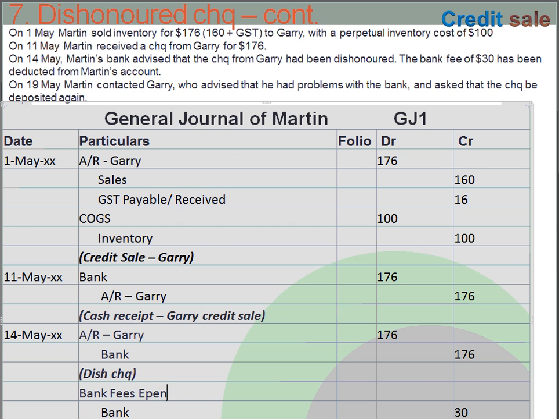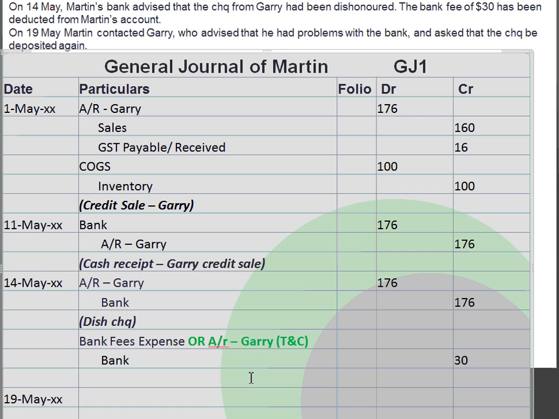So bank fees expense or indicates that it is expense. Or accounts receivable Gary, subject to the trading terms and conditions. So remember, it's not the account name, it's just an alternative solution. Okay. And the description will be dishonored check fee.